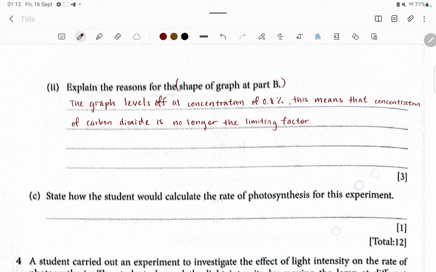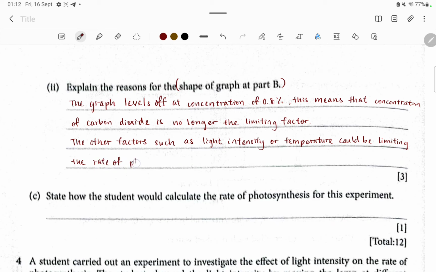And then the other factors such as light intensity or temperature could be limiting the rate of photosynthesis.